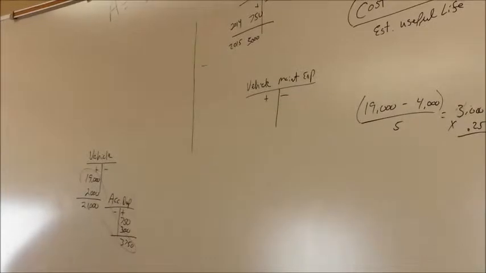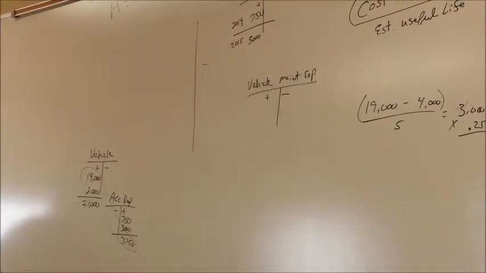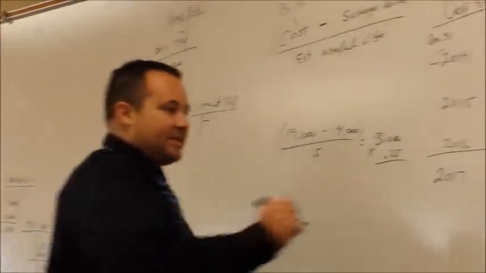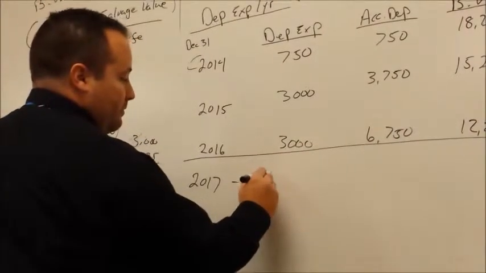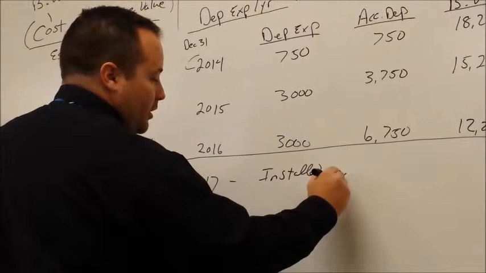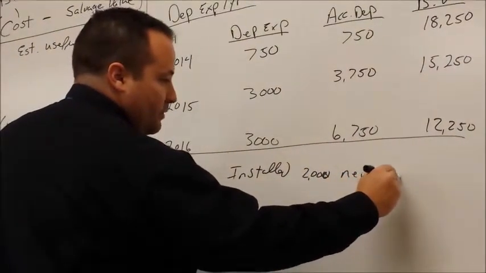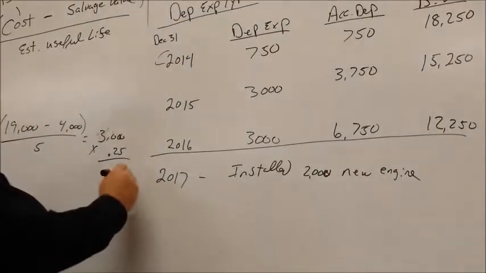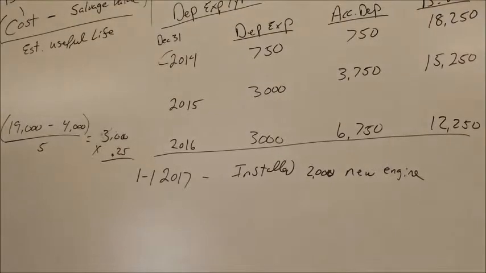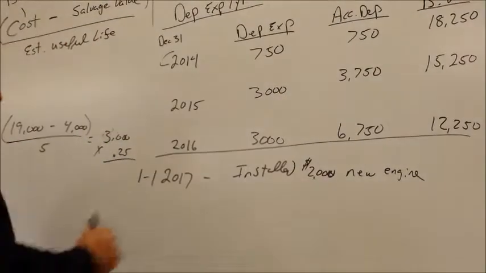Actually going to have to depreciate that engine now with the car. And that's what I want us to assume here in 2017. We installed for $2,000 a new engine. And let's assume this happened on the beginning of the year, 1/1/2017. So installed a $2,000 new engine.